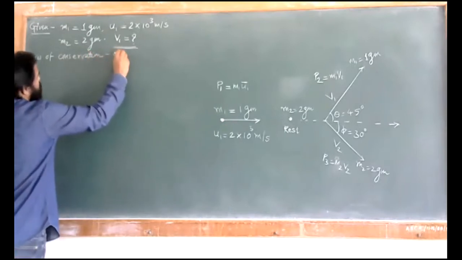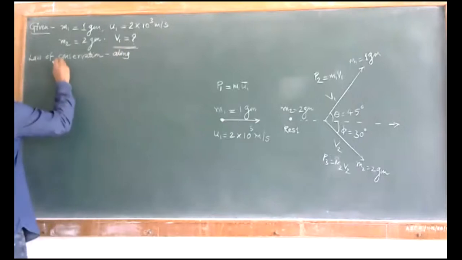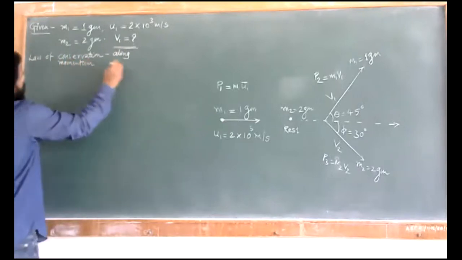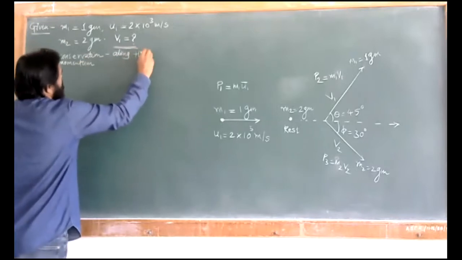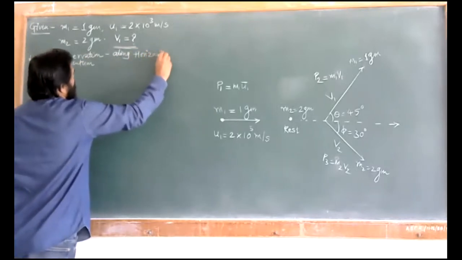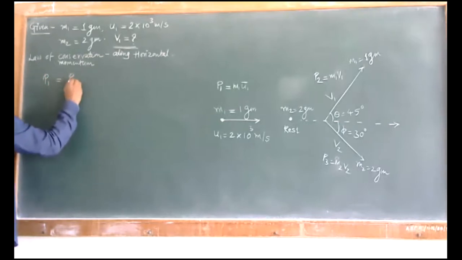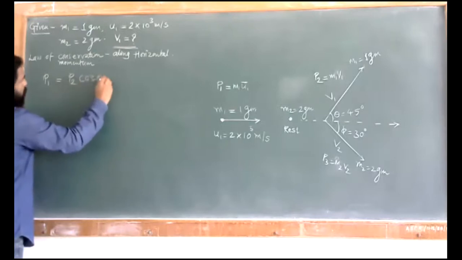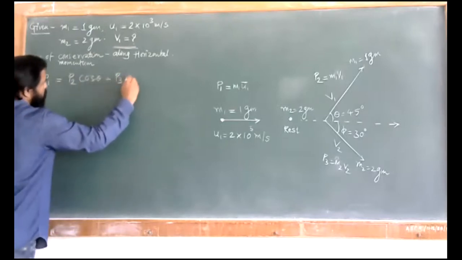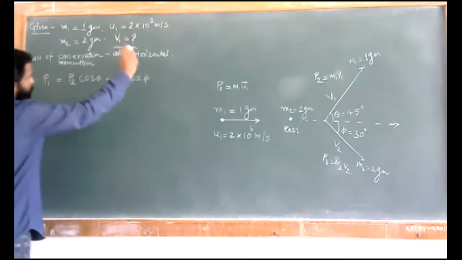Along horizontal direction, the law of conservation of momentum. This is the same thing you saw yesterday. So the law of conservation of momentum along the horizontal direction is given as P1 is equal to P2 cos of theta plus P3 cos of phi.